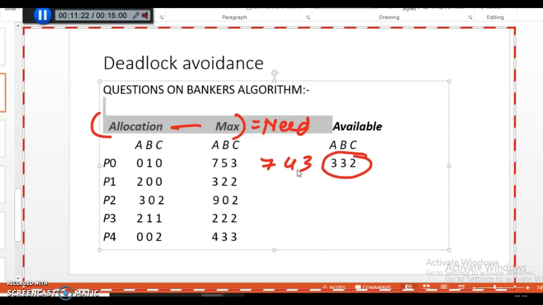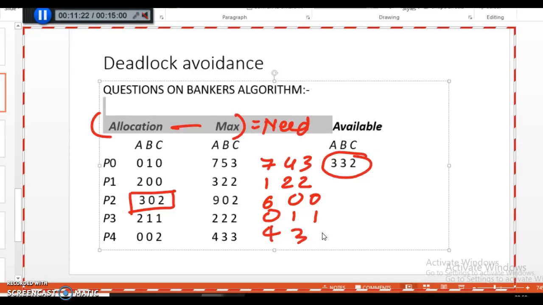We check this with the need matrix. If it satisfies, then we add these resources to available resources, because when the process completes its work, these allocated resources will be free.